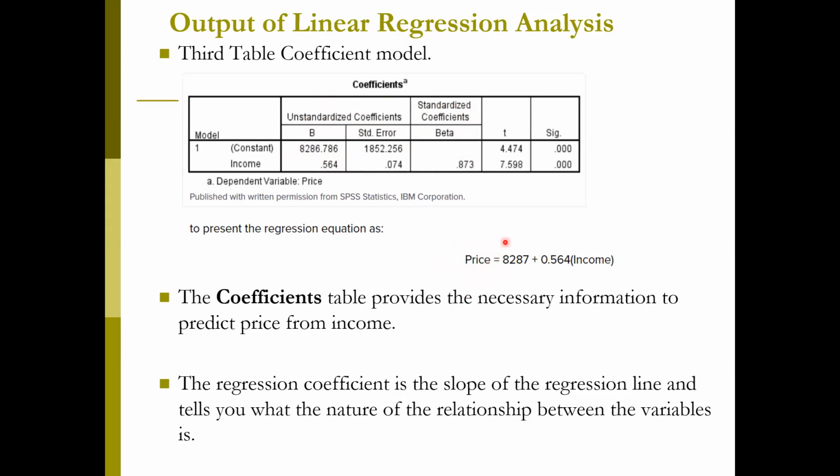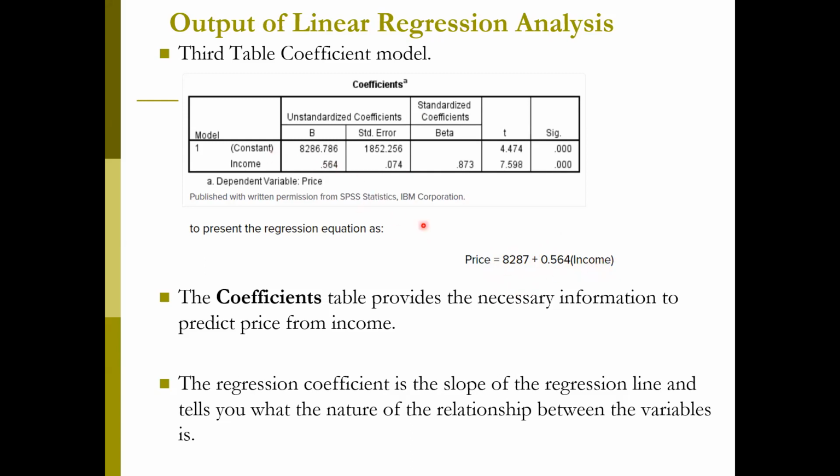In our case, the dependent variable was price. So price is equal to, then you bring the constant term plus the beta terms, the B, and then your independent variable.